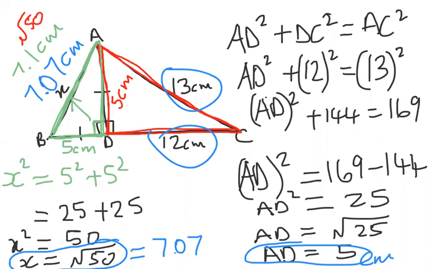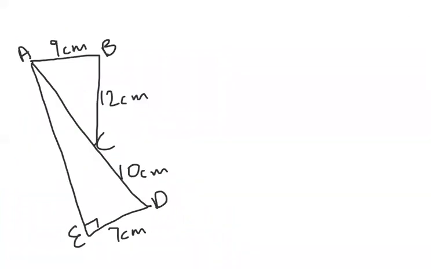Right, let's do one last one, and look at this one. So now let's see what they want. They want the length AE. Let me try to draw it properly. So this is what they want, AE.